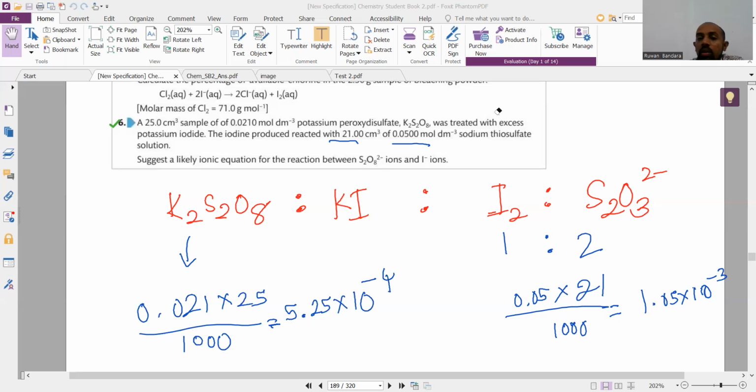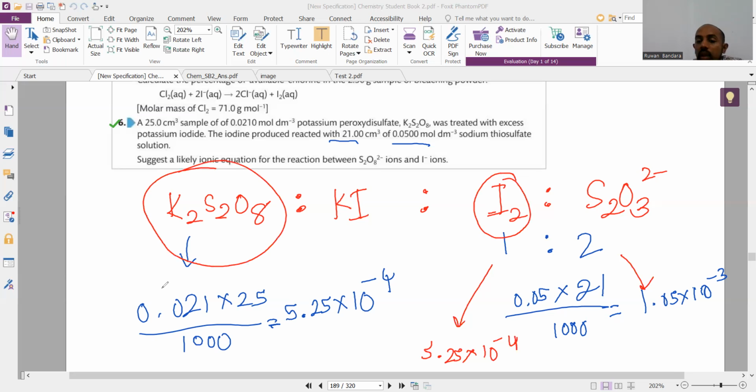Okay, so this is the moles of thiosulfate. Now the moles of iodine will be 5.25 into 10 to the power of minus 4 again, because divide by 2. And you may notice that the iodine moles and the K2S2O8 moles are the same. Therefore, the ratio between these two will be 1:1. Right?